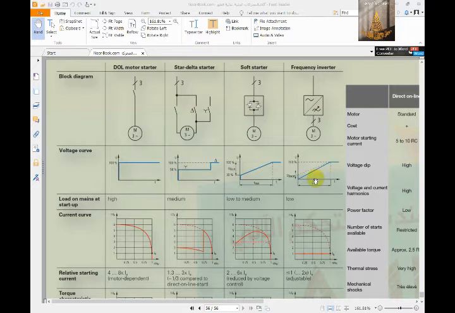So we will compare today between types of connection for induction three-phase motors, and how to start these motors.